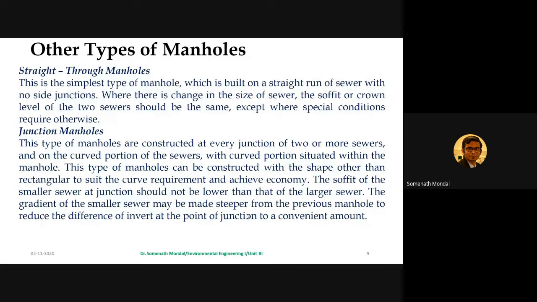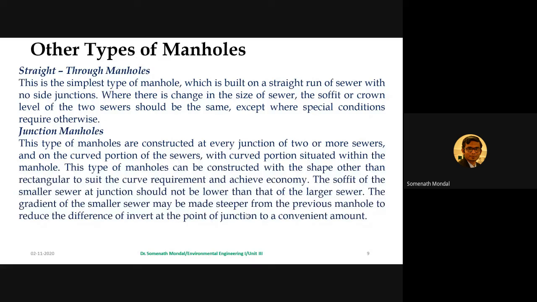So since the directions are not fixed, a sewer can come in at any angle. So that is why if you construct a circular one, that would be most economical, and keeping that in mind, in this case the rectangular sections are avoided. In case of junction manholes, mostly circular sections are preferred. Right? Now the soffit of the smaller sewer at the junction should not be lower than that of the larger sewer.